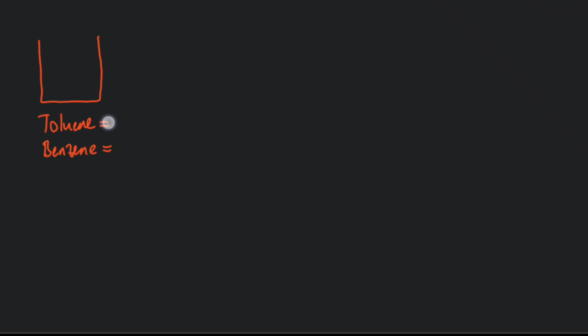Let's say we have 3 moles of toluene and 1 mole of benzene. So what is the pressure of these two components at 25 Celsius? Temperature should be constant, since temperature directly affects the vapor pressure.